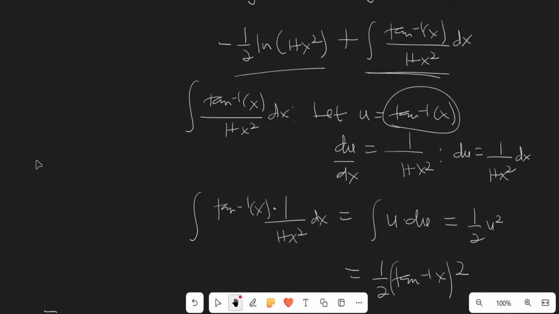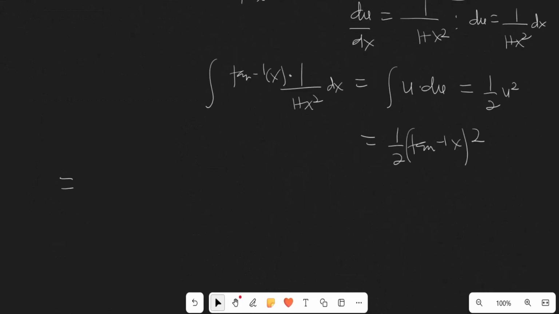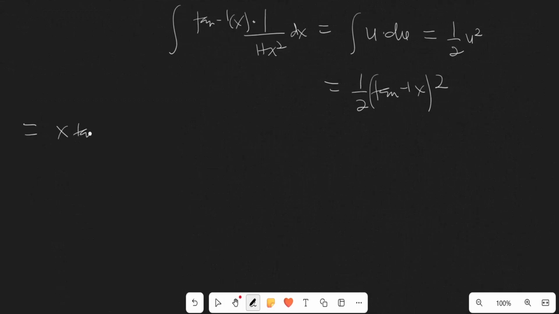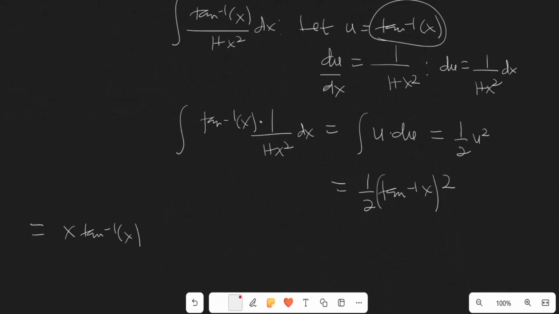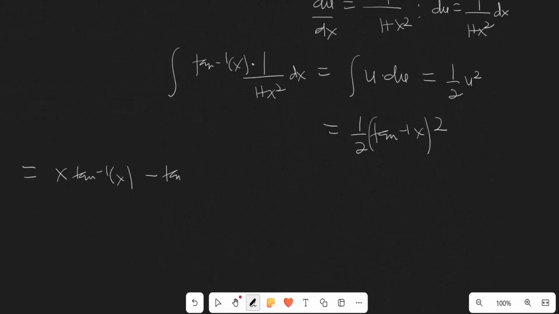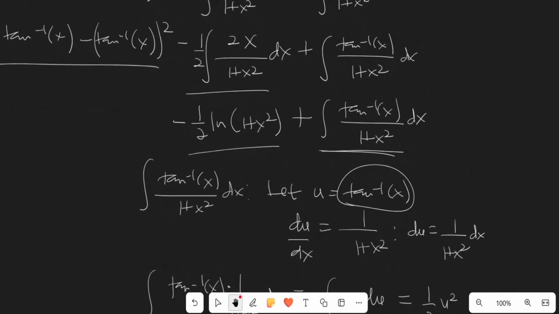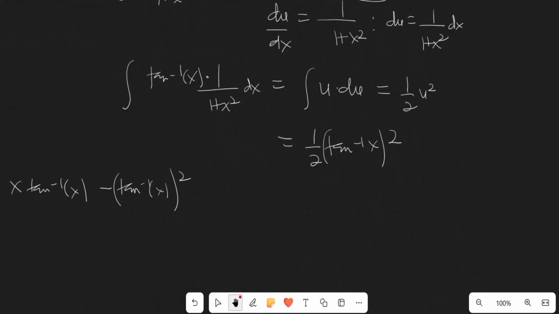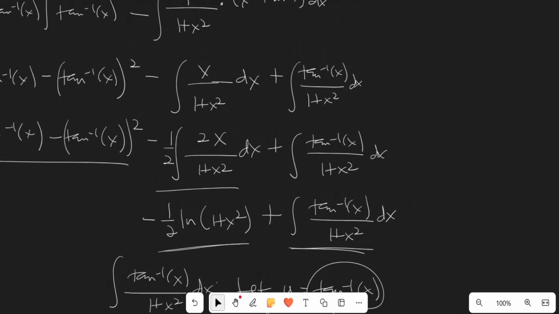So in the end, we are going to have, that is from here, x tan inverse of x minus tan inverse of x all squared minus this integral, which we got to be 1/2 natural logarithm of x squared plus 1, plus this integral.